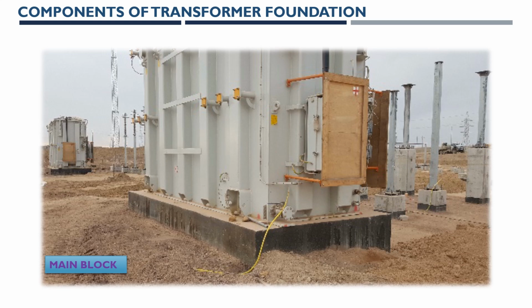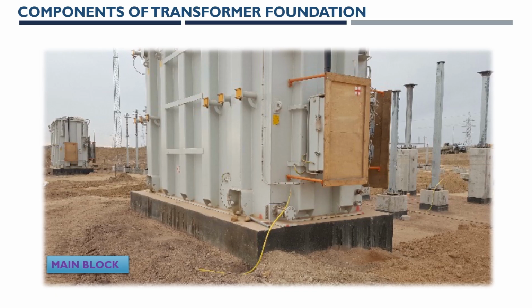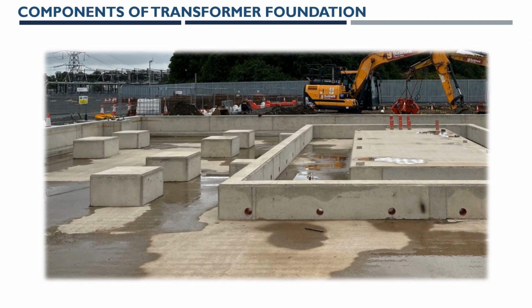In order to explain the main block view, this view is taken, and it comprises the main block, which is on the right hand side, and the oil bund wall which is around the transformer area.